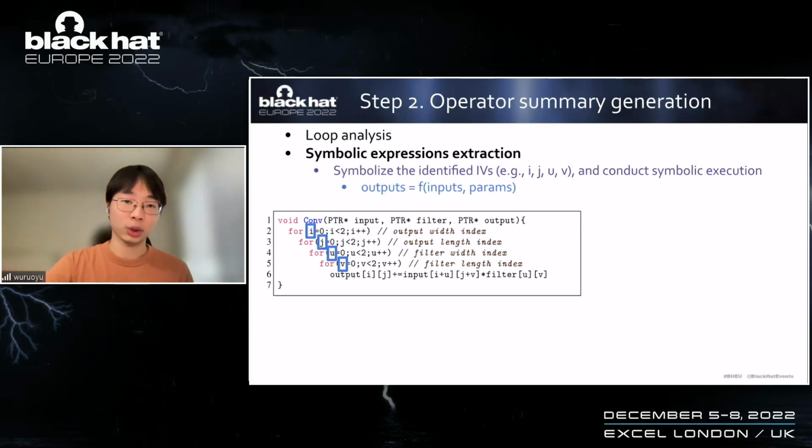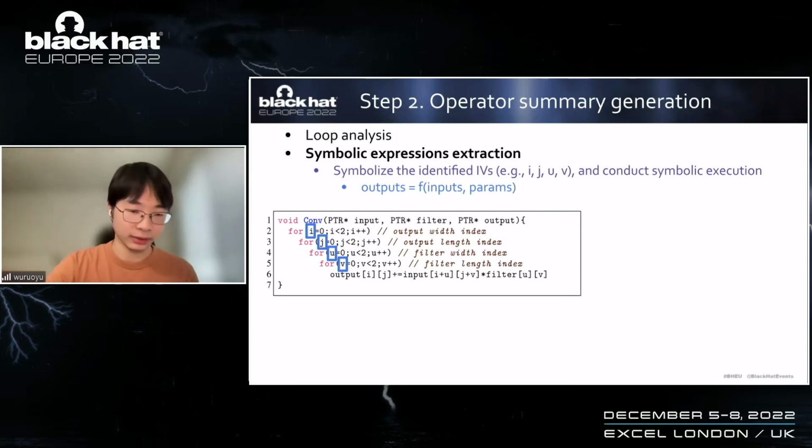With the identified induction variables, we symbolize them, for instance the I, J, U, V shown in the figure, and we conduct symbolic execution. This step extracts a symbolic expression that captures the mathematical semantics of this function. The extracted expression represents the function's output with its input and parameters.